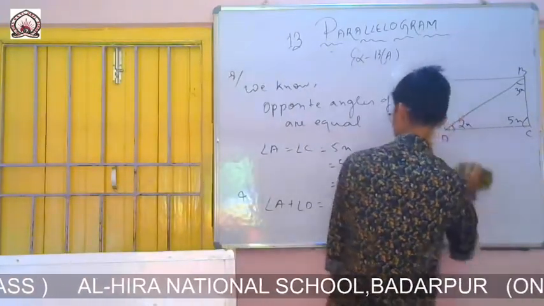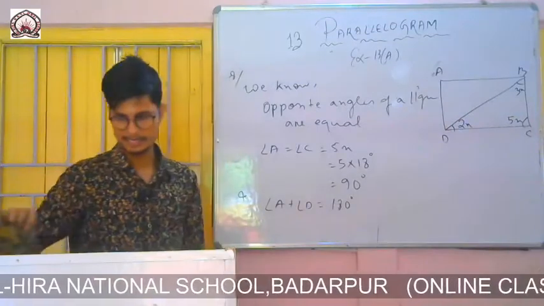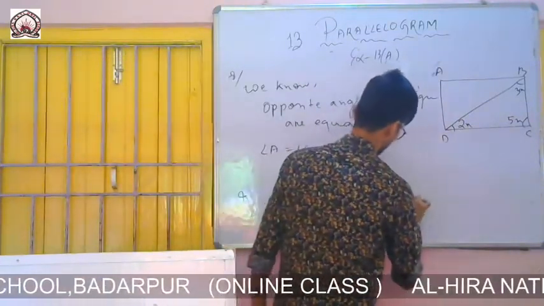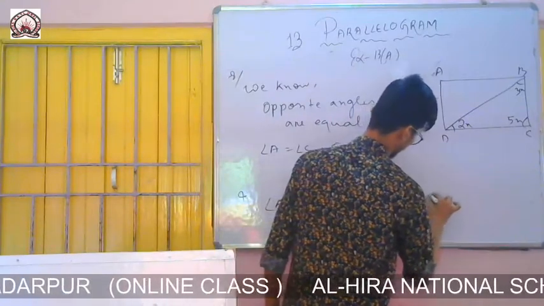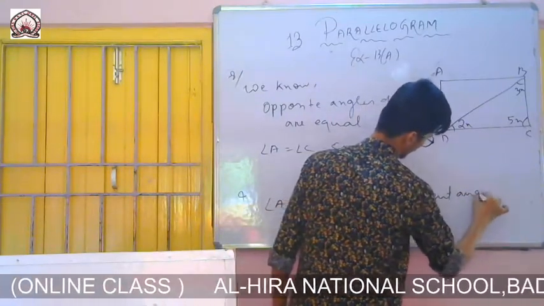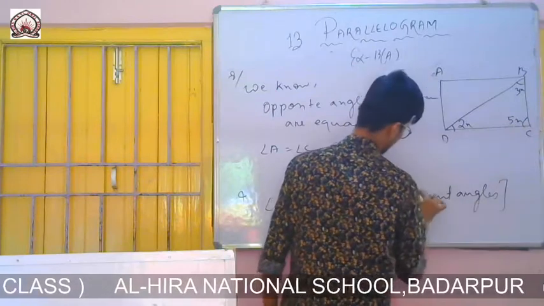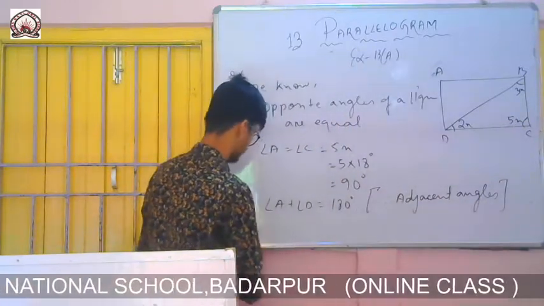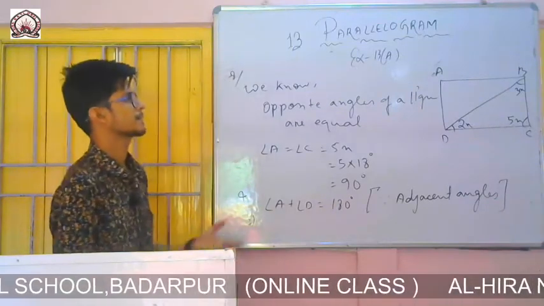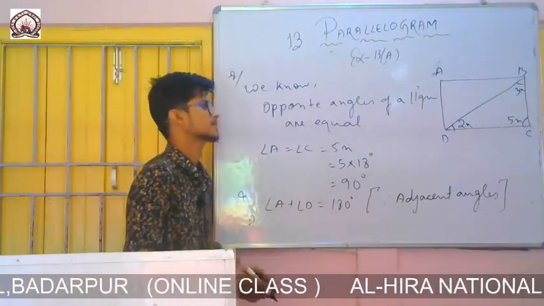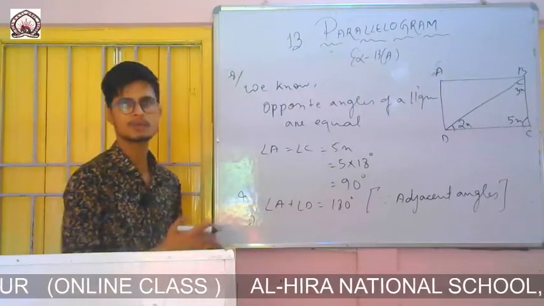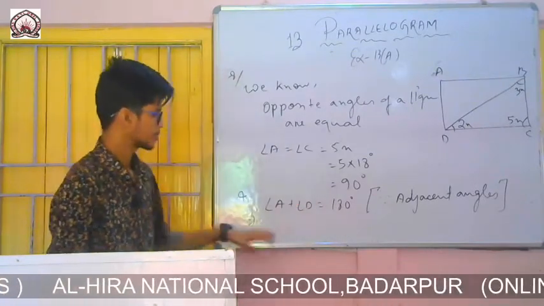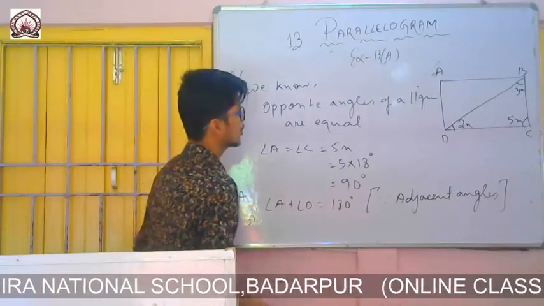Same, we can write directly, angle A plus angle D equals 180 degrees. In brackets you write, since adjacent angles. Or you can write, since AB is parallel to DC and BD is the transversal, angle A plus angle D equals 180 degrees. In brackets you can write co-interior angles.